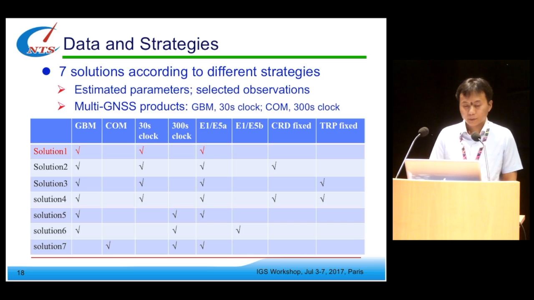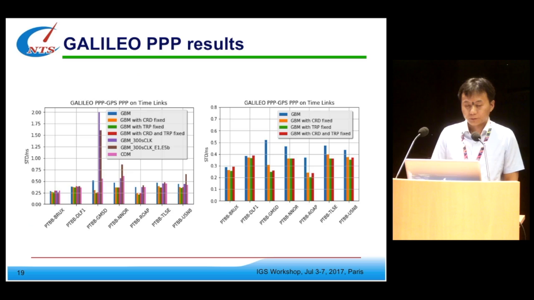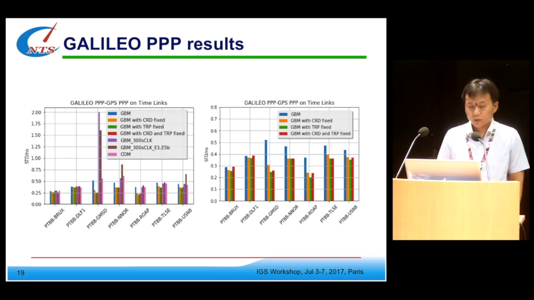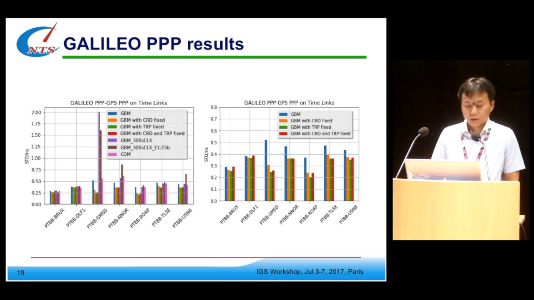So this is the result of GALILEO PPP. We can see that from the left graphic, it is the overall results for all the solutions and all the time links.